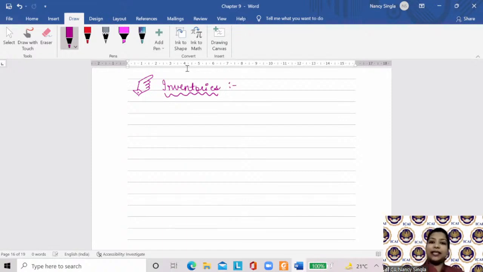And which AS comes to your mind? Write the accounting standard also, where your inventories verification is done. Okay, SA 501 is absolutely correct. Tell me the accounting standard when I tell you that you need to verify inventories.